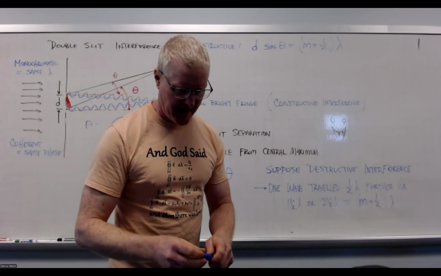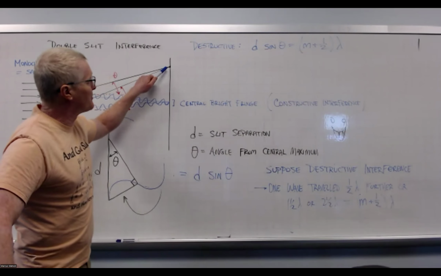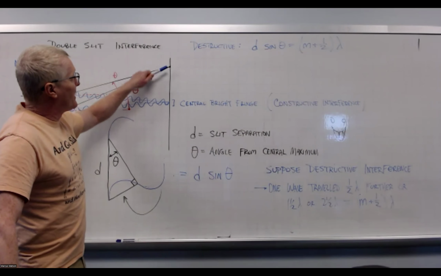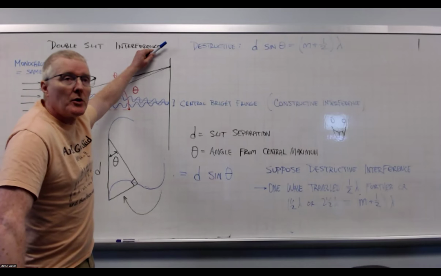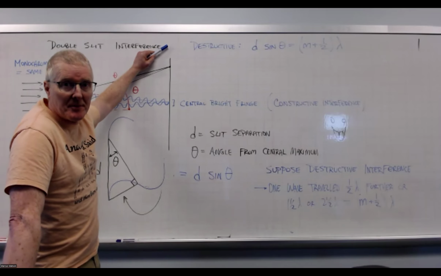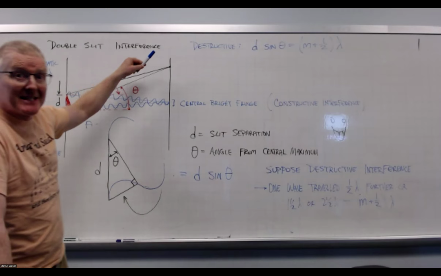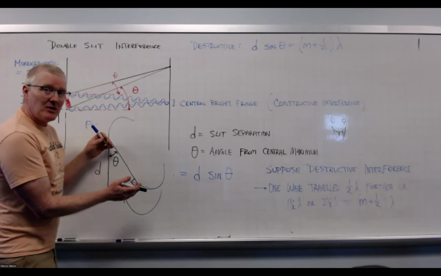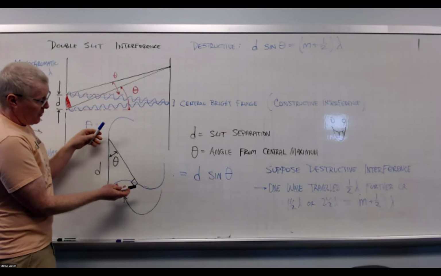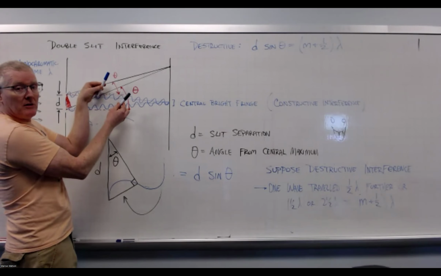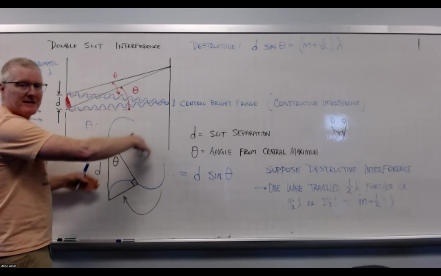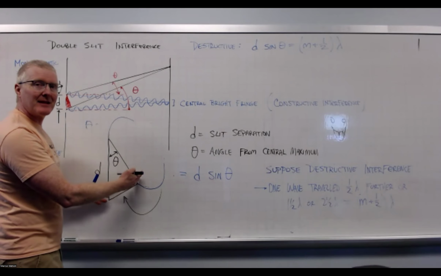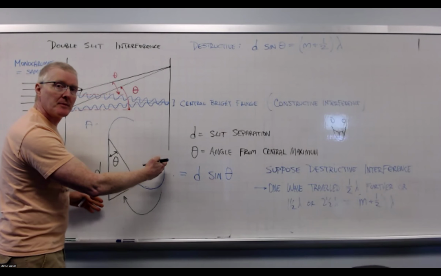This is akin to asking the question, if I'm at a different point on the screen, maybe up a little further, and I'm asking, okay, what if it's constructive interference up here? Is the path length difference still d sine theta? And I think you can see it is, because all we've done is we've increased the angle, but what that's done is it's widened out this triangle a little bit and made the path length difference bigger.